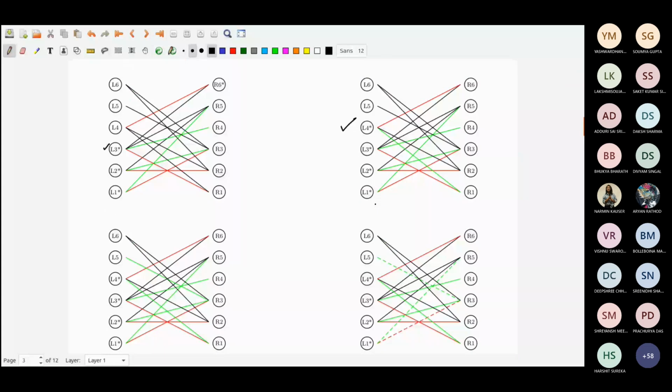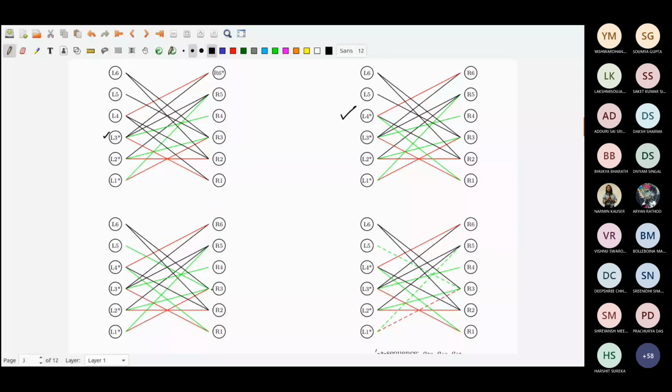And then now, whether L5 is involved in a matching, no. So this is the first place I am seeing the left hand vertex is not involved in a matching. In all the previous cases, the left hand vertex was involved in a matching and the right hand vertex had a star and I pulled it back.